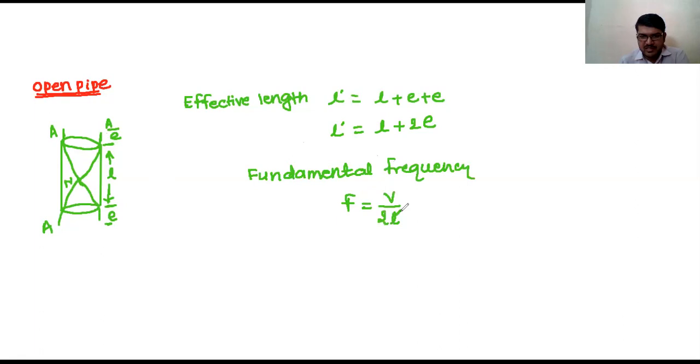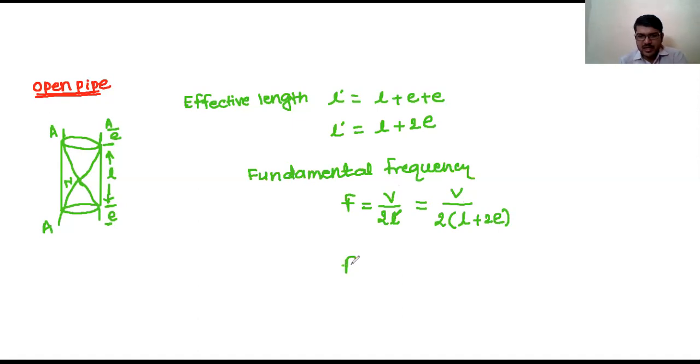Here the effective length is L dash. Is it right? Because the fundamental frequency formula generally is v by 2L, here it is v by 2L dash. L dash we know, we just found it: L plus 2e. So the formula you are getting is v by 2 into L plus 2e.